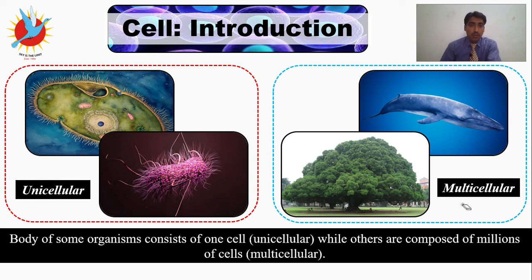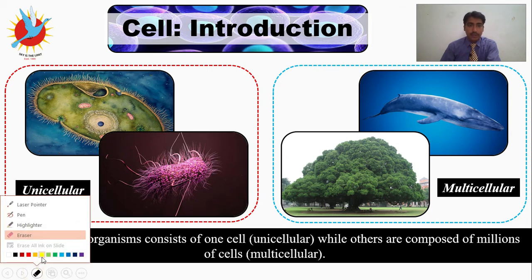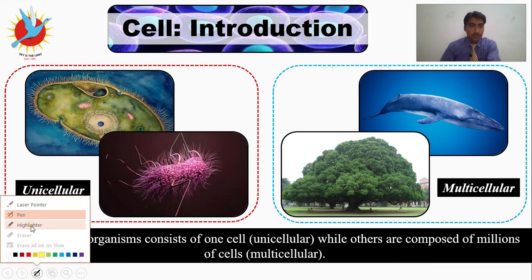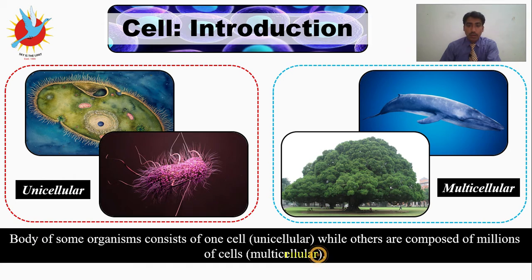Those organisms that consist of only one cell are called unicellular organisms, and the organisms that contain many cells or millions of cells are called multicellular organisms.